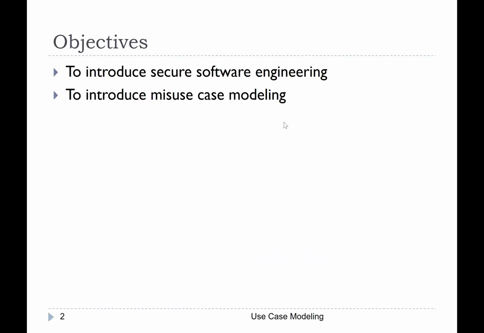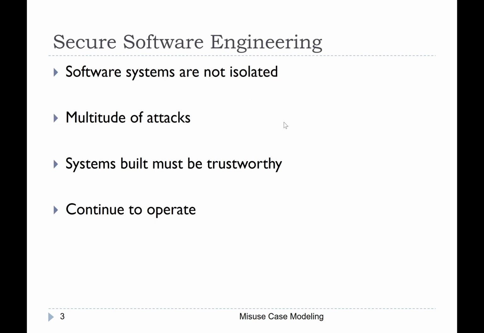So we're gonna talk about secure software engineering, and specifically, we're gonna focus on one technique. It's called misuse case modeling. So, there's two aspects to this lecture, and the first of which, as you see, is secure software engineering. This is going to be a full-blown course for those of you who are going to enter the cybersecurity track.